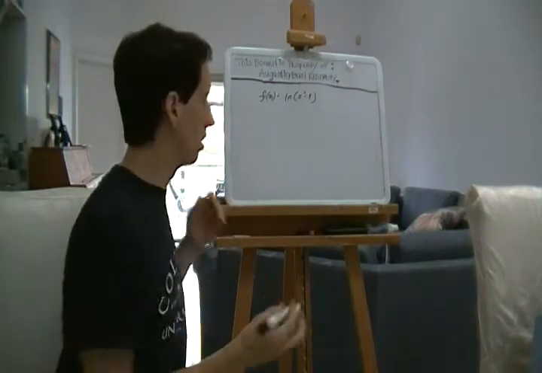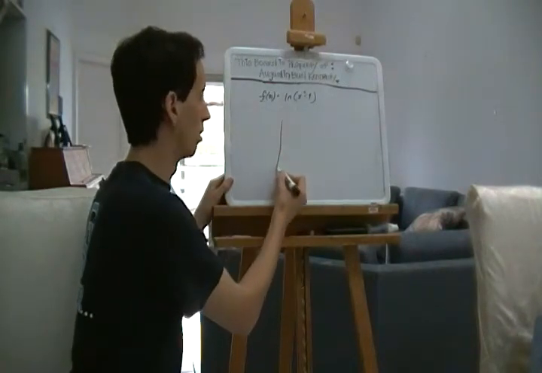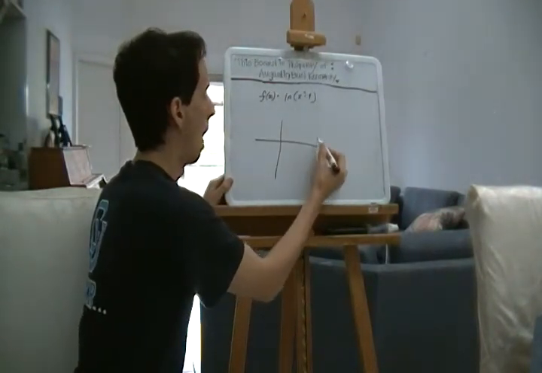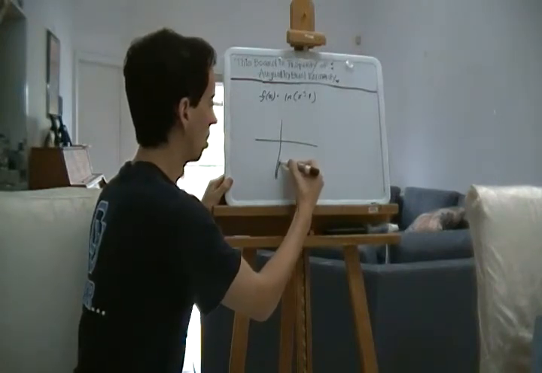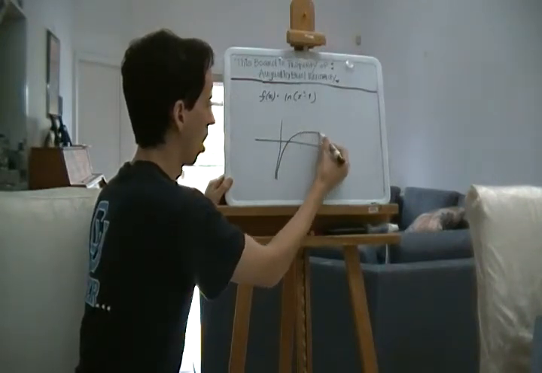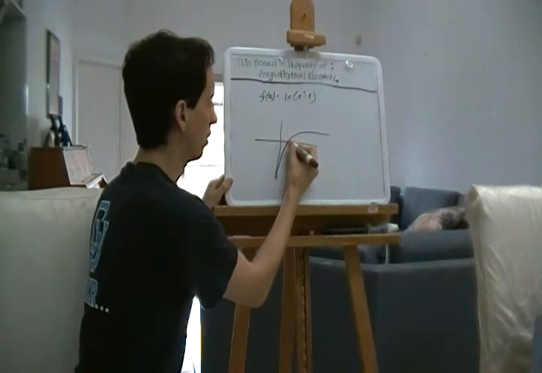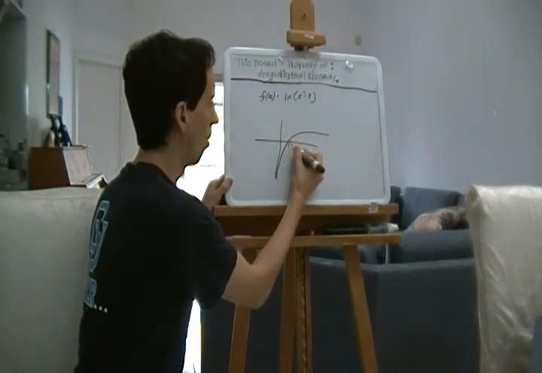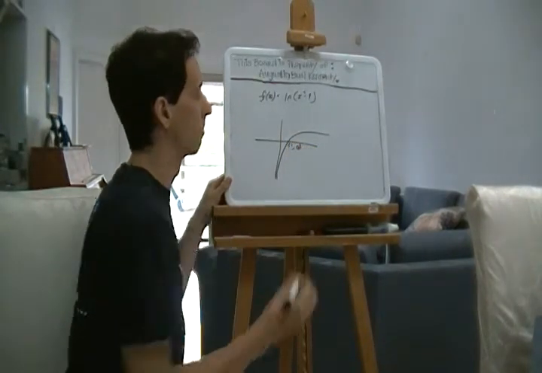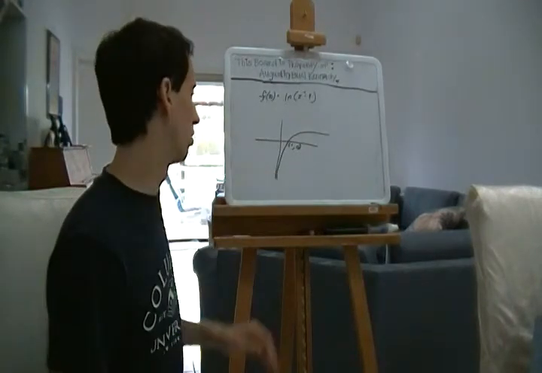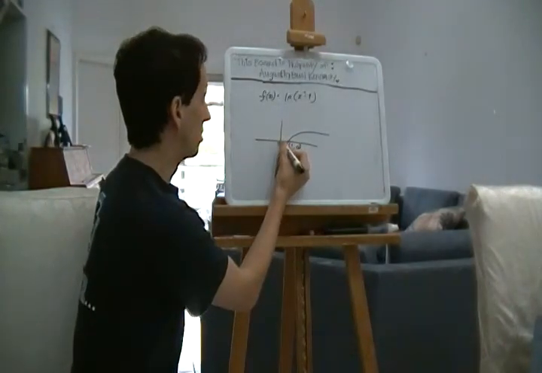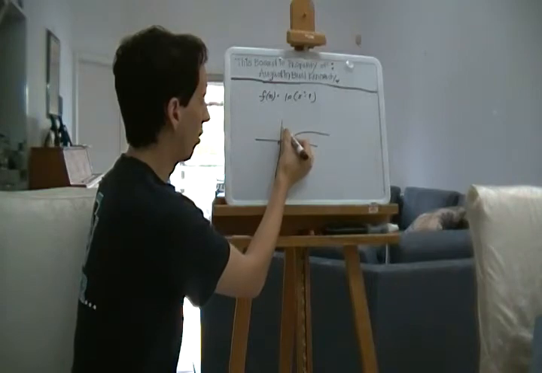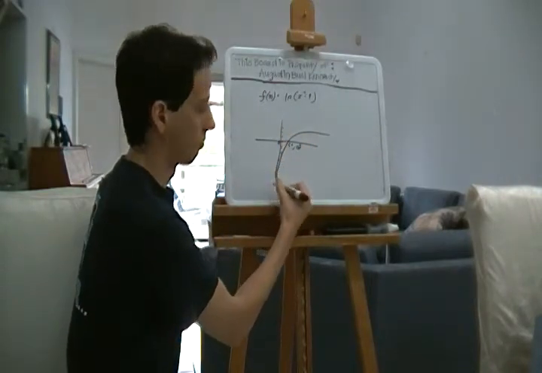Well, what we know is that the natural logarithm function looks like this. It crosses over here at (1, 0). That's the natural logarithm. And we know that at 0, there is a vertical asymptote.